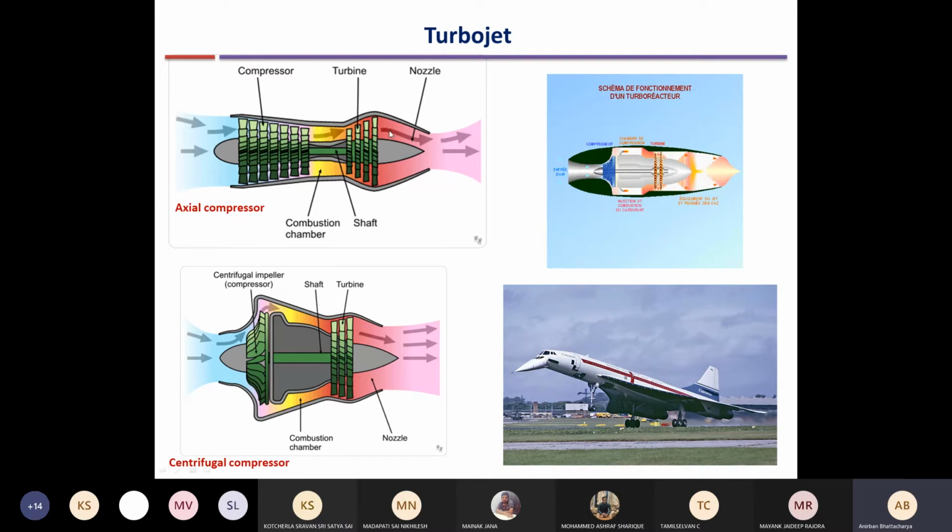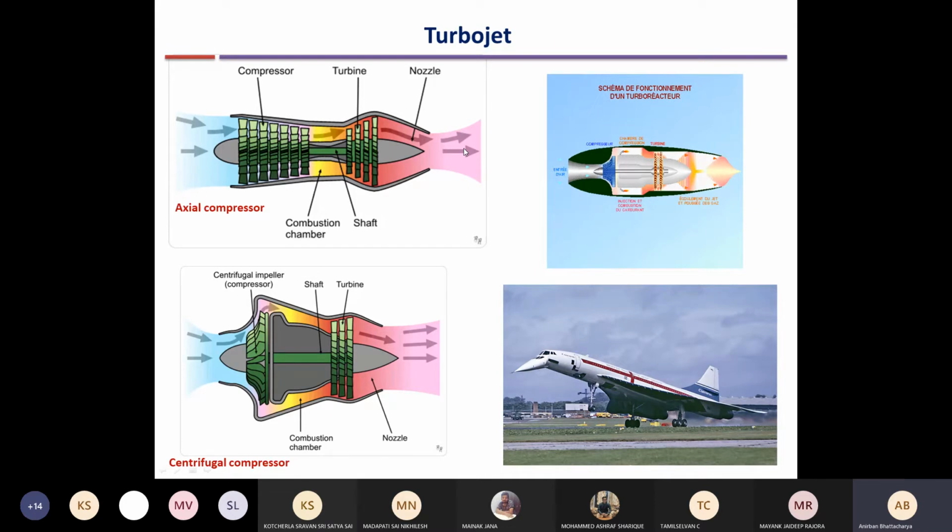So in this expansion process, what happens? The enthalpy that is there in the fluid, the high temperature, high pressure fluid, reduces and increases its kinetic energy. So ultimately, you get a very high velocity exhaust at the outlet of the nozzle, and this high velocity exhaust is necessary to provide thrust, because thrust depends on the change in momentum.